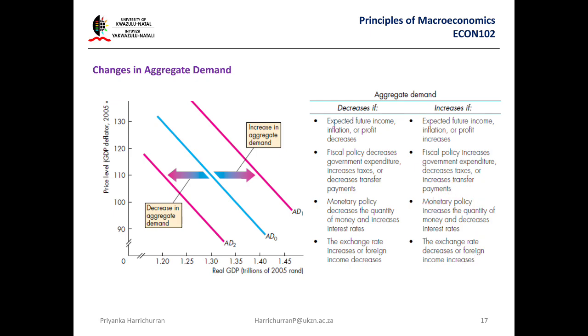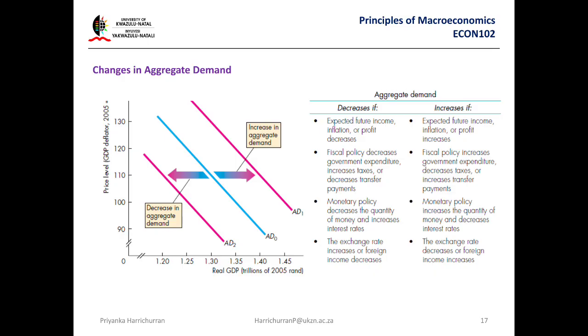Exchange rate decreases. Now when you say the exchange rate decreases, instead of exchange rate, put rand. So what it's saying is the rand decreases. If the rand decreases, people from other countries will be smiling. They can use their money and buy more products in our country. That's exports.